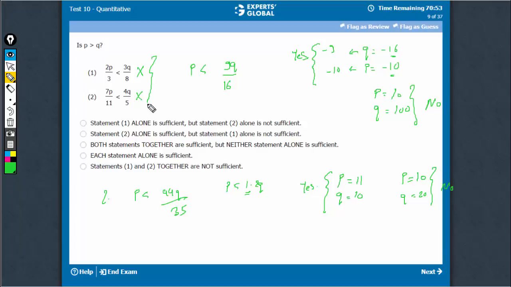Now when I combine, see, in this case this means P is less than roughly 0.5Q, and here it means P is less than 1.2Q. So in case Q is a positive integer, positive number, then while multiplying by 0.5, Q is being reduced.